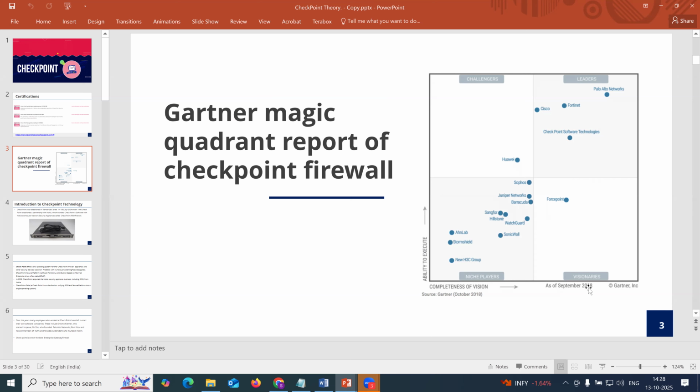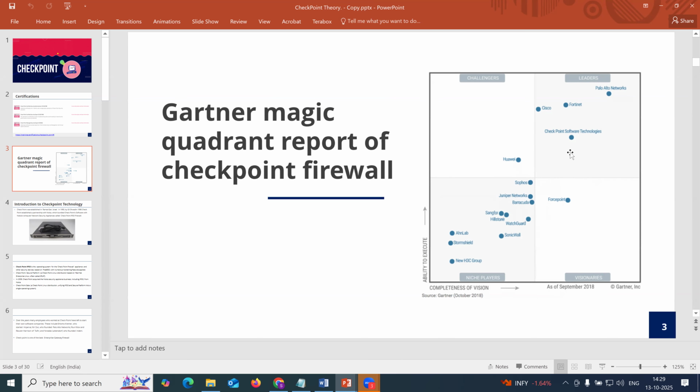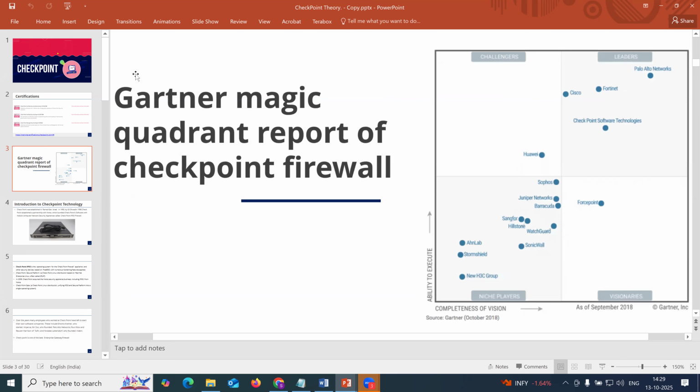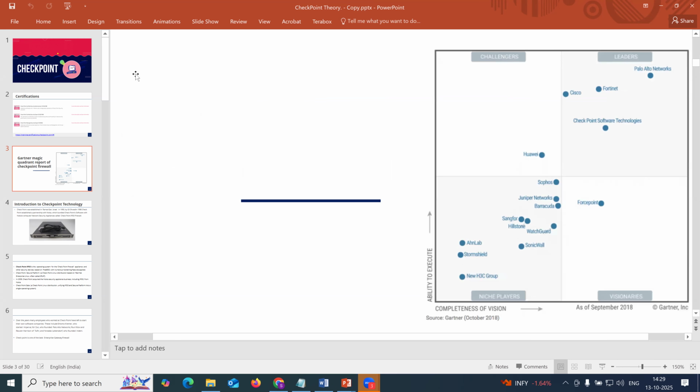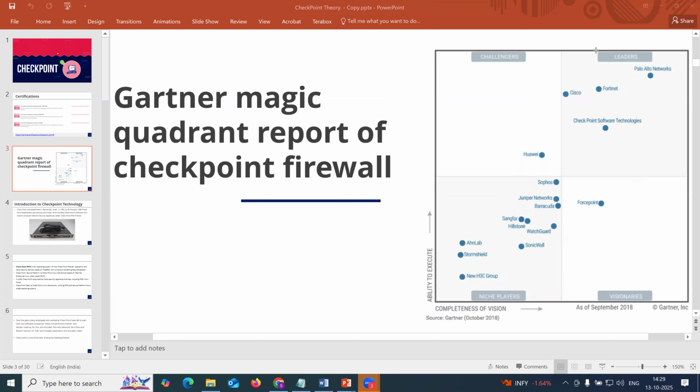If you search on Google Gartner Magic of 2014, 2010, you'll find Checkpoint firewall at the top. Since it was introduced in the market, it has kept its legacy in the leaders category. You'll always see Checkpoint firewall in the leaders category.